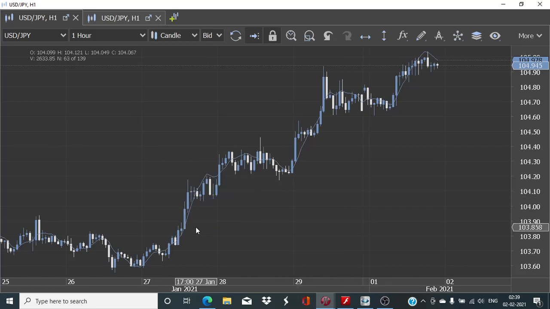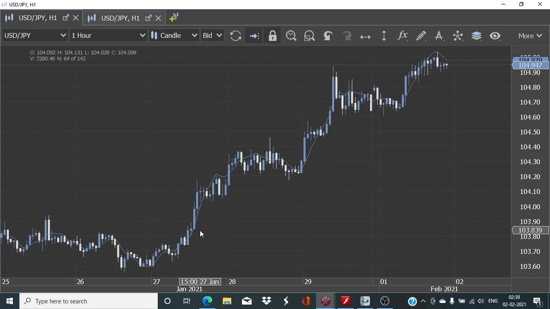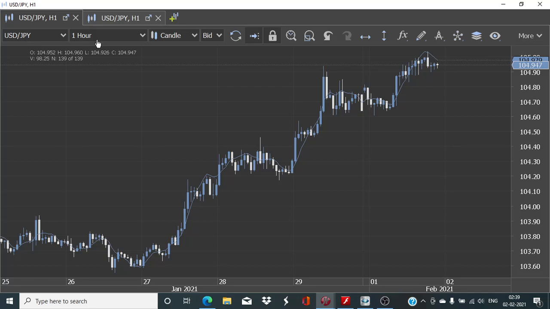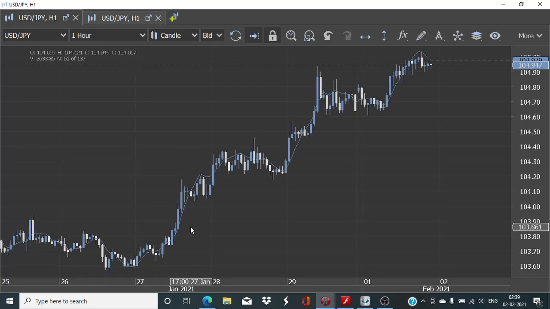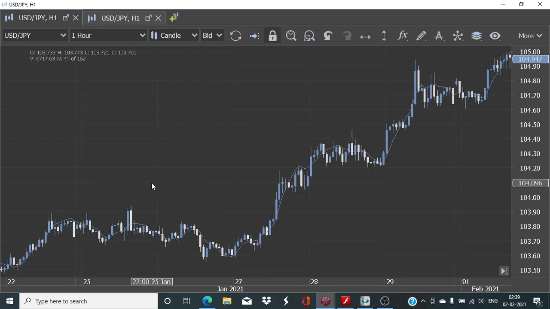As you can observe from the chart, whenever the linear regression is on the rise, and at the same time we see good enough momentum in the candle on the hourly basis, this chart has been plotted on the hourly basis, we can look for fresh trading opportunities on the buy side, and vice versa for the sell side.